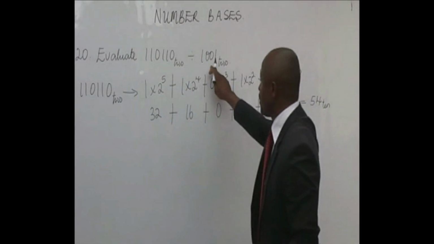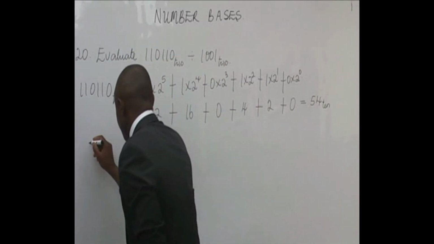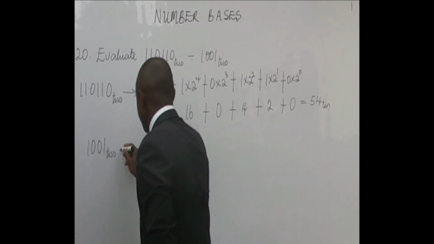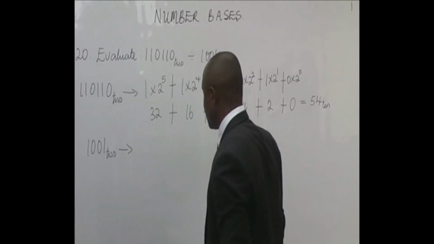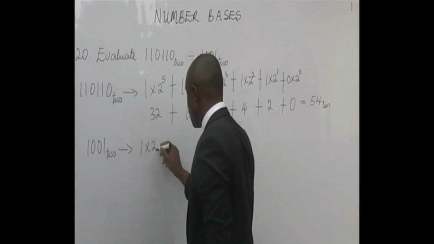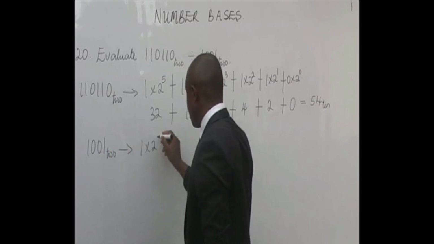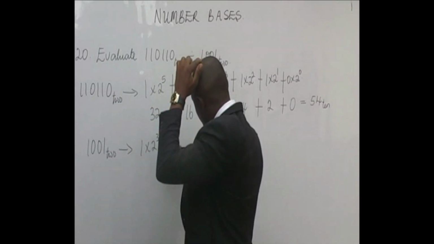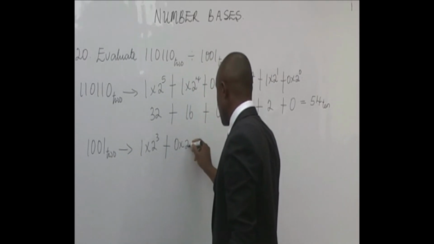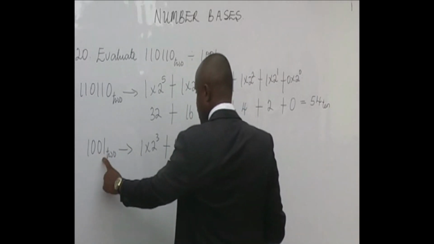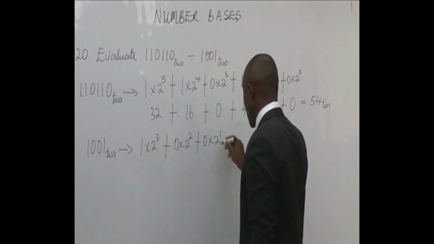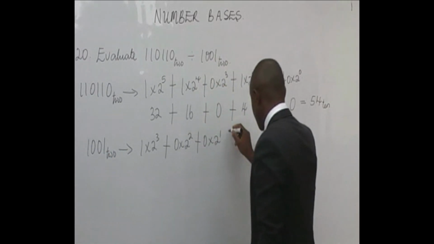Now let's convert the second value. The second value is 1001 base 2. Let's also convert it to base 10. Let's start from the fourth digit, that is 1 times its base, which is 2, exponent 3, with 3 digits remaining. Plus the next 0 times 2 exponent 2, the remaining 2 digits. Plus the next is also 0 times 2 exponent 1, remaining 1 digit.